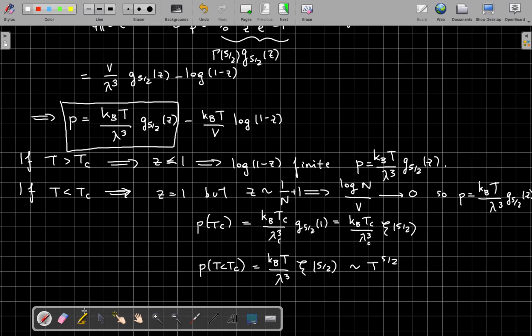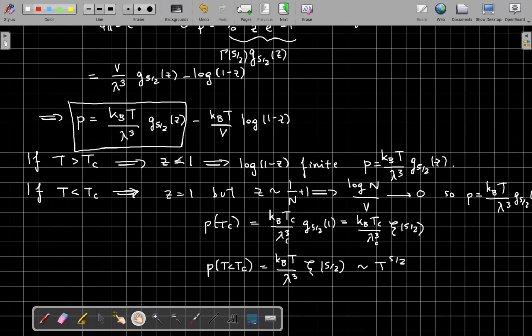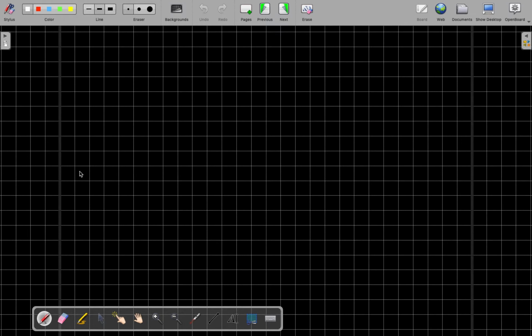Next, another interesting thing to look at is the internal energy. Okay, so let's add a new page. The internal energy is given by minus the derivative with respect to beta of the log of Z, and this is done at constant fugacity, so at constant z. And so this is equal to, again, we're going to use the integral approximation.